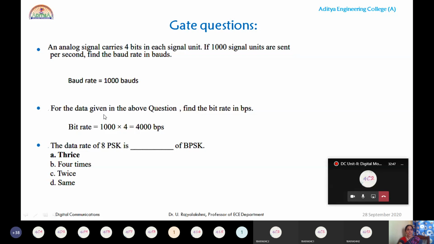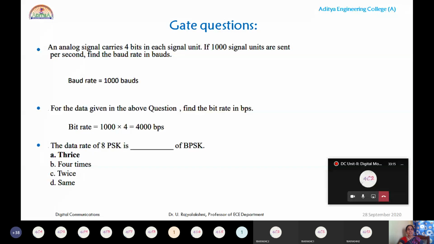Next question: for the data given in the above question, find the bit rate in bits per second. If the following question is like this, then you know that 1000 is not the bit rate. Otherwise, you may get confused. Signal units per second is the baud rate. Now find the bit rate in bits per second.